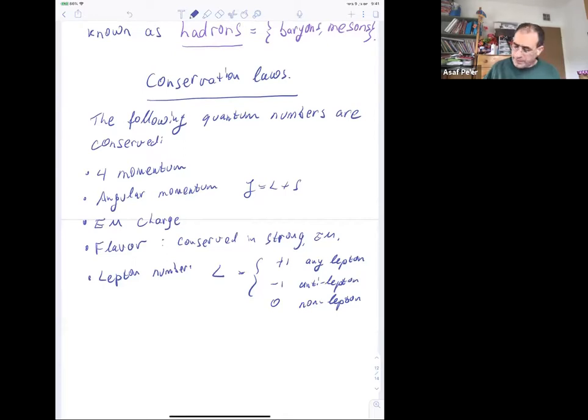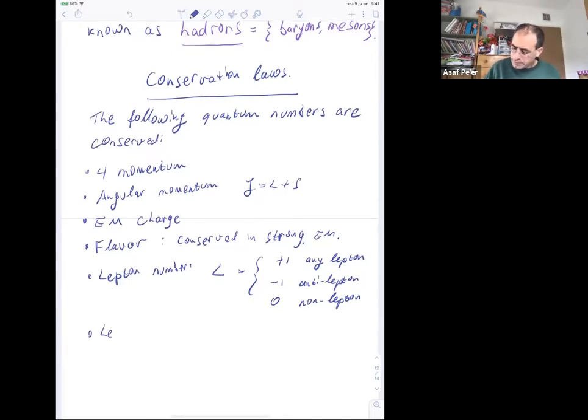And then the lepton family number, or generation number. It's the same, only for each lepton generation separately.